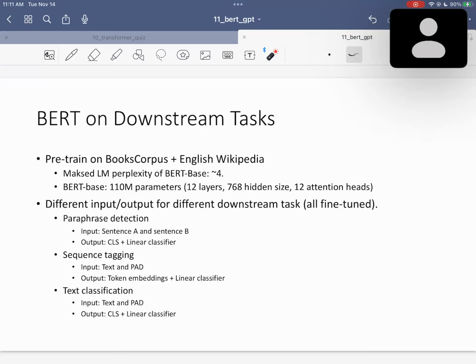For example, if you're doing sequence tagging, meaning a token level prediction like NER or POS tagging, then you would put the sentence that you want to do sequence tagging for. So you just put one sentence. You don't put 2 sentences like how you trained BERT. You just put one sentence, and then out. So let's just draw it actually.